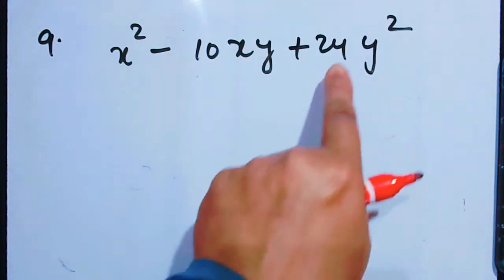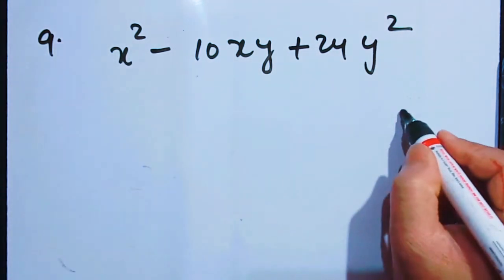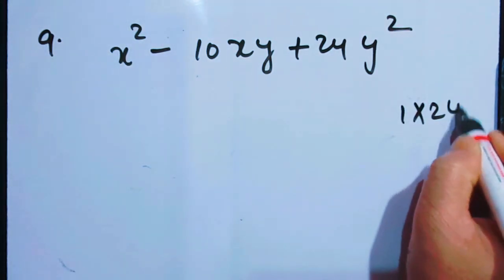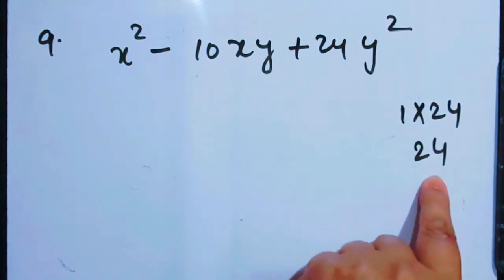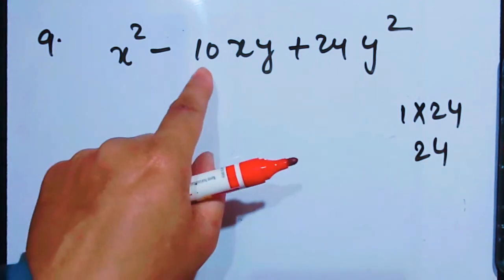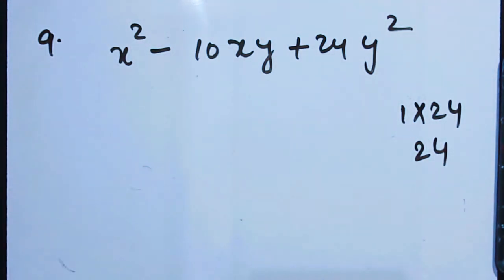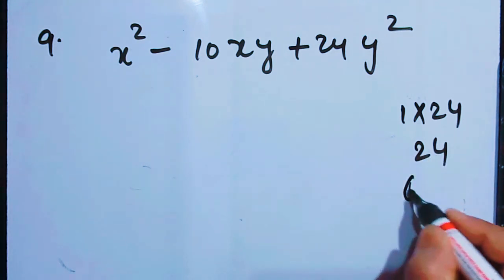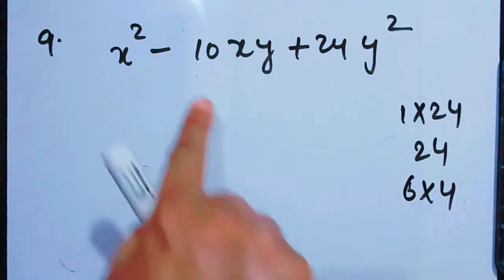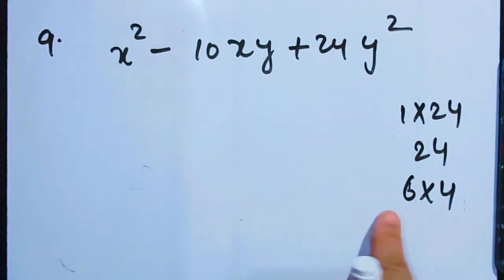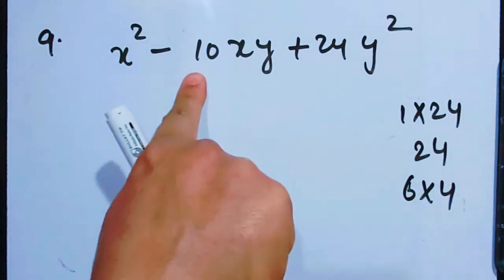So this 24 and 1 should be broken in such a way that if we add them I should get here minus 10. So this 24 is equal to 6 4s are 24, and when you add them you should get minus 10.